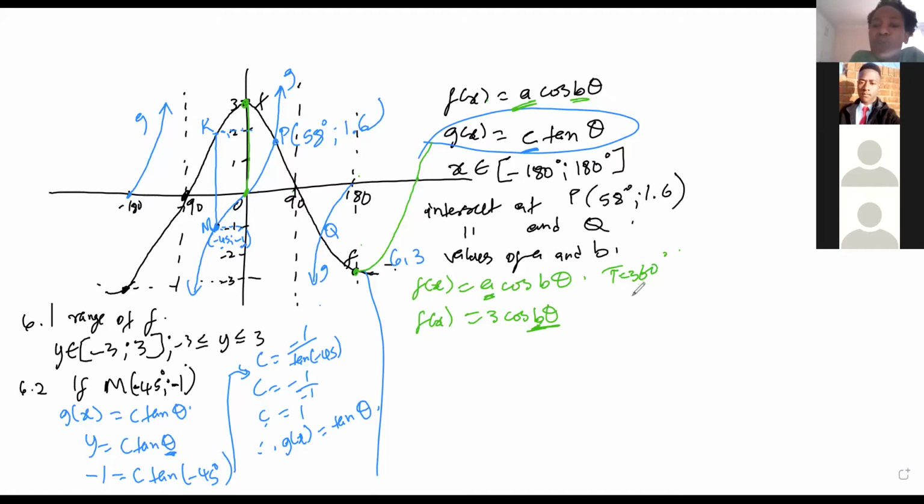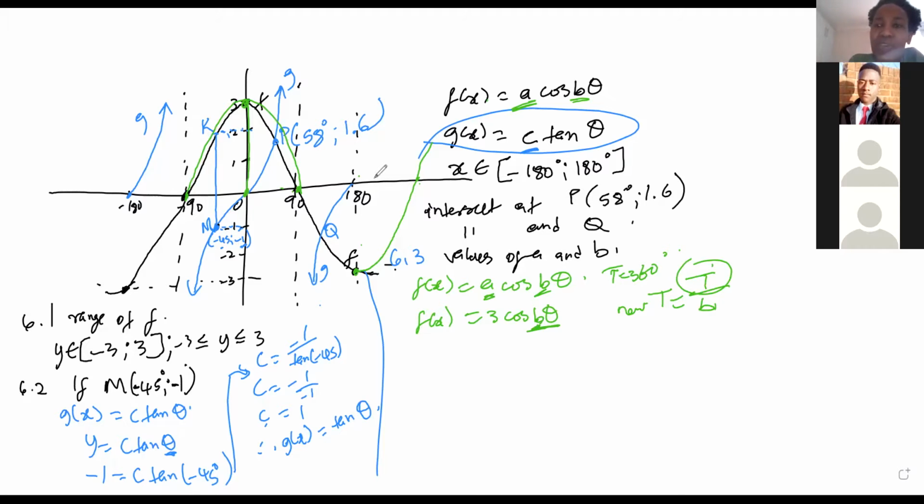Remember, the new period is the old period divided by the value of B. Half a cycle is 180, so the next half is another 180, and the full cycle, which is your period, is 360.